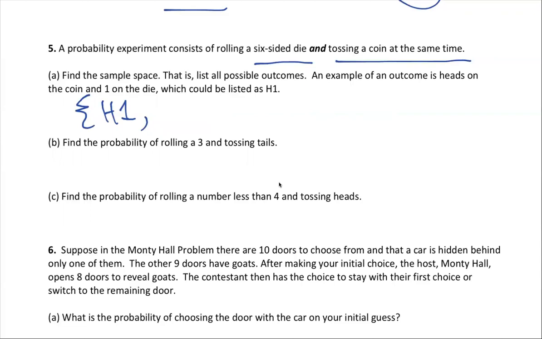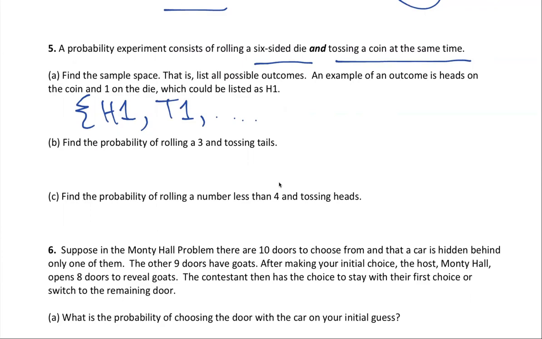And then think of all possible outcomes, right? Matching something on all of them that are different, right? So you could do, the next one maybe tail 1, right? And then just keep on going, see how many you can get, okay? Try to get them all. And then once you have the sample space, you can answer some probability questions, right?